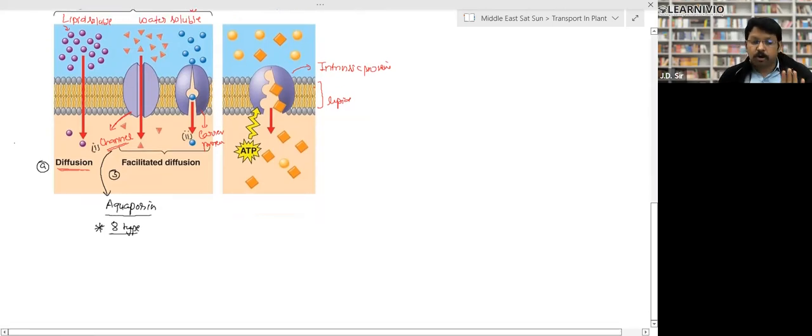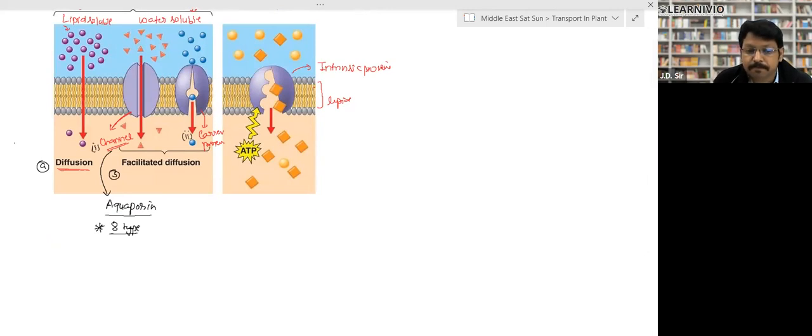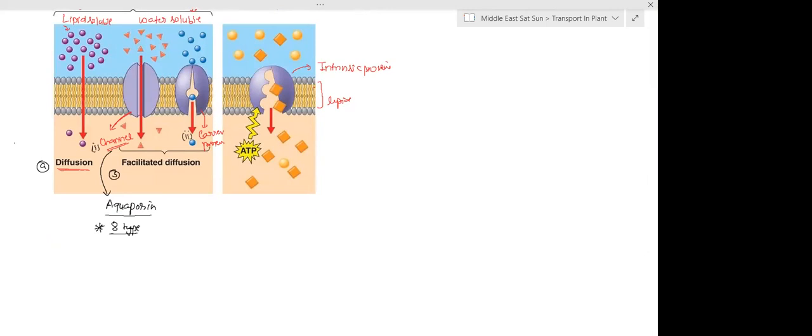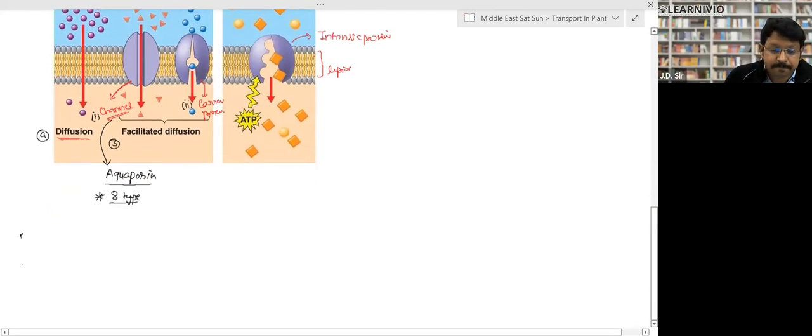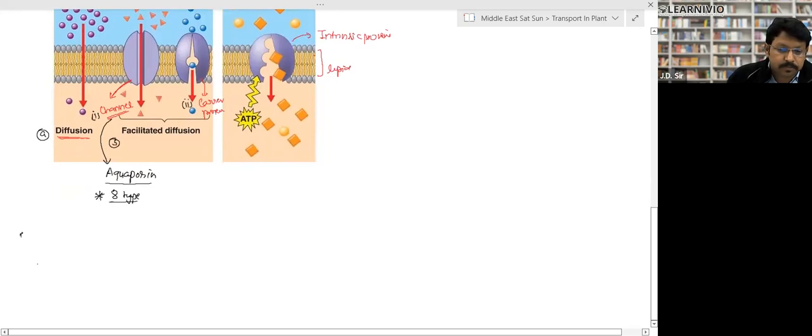Fine. Is it clear or not? Please tell me. Channel protein and carrier protein difference clear? Yes, sir. Great. Now the carrier proteins may be of following type, right? Next point. The carrier protein may be of following type. Let me show you the type of carrier protein. carrier protein.